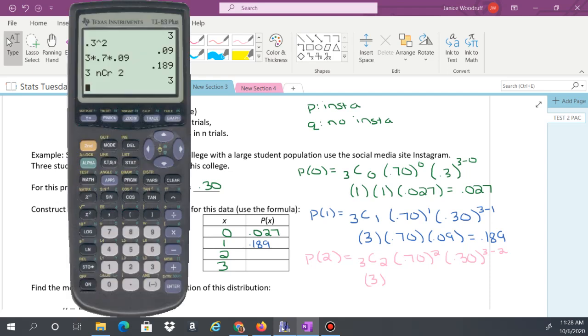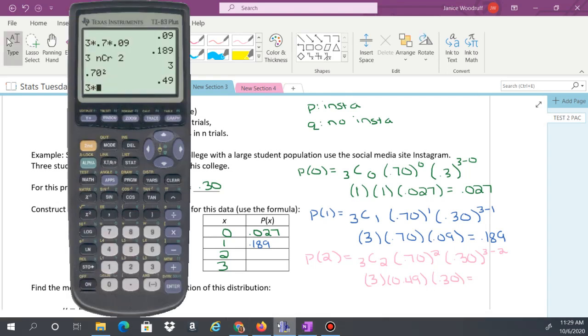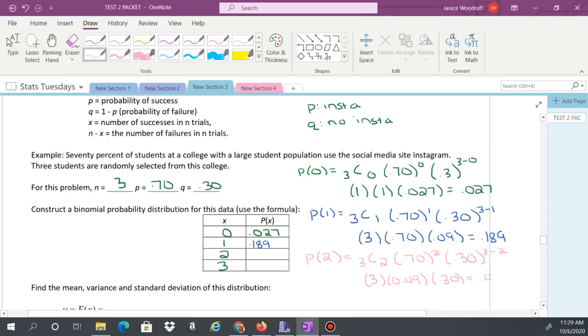Then 0.70 squared, so 0.49. And 0.30 to the first, just 0.30. So 3 times 0.49 times 0.30 is going to be 0.441. So the probability that exactly 2 students have Instagram and 1 does not is 0.441.